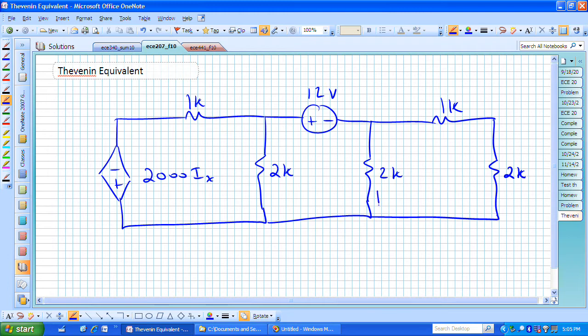And in order to make sense, I need to define what dependent variable we're using. We're using I sub x. I sub x, let's say, is the current flowing through the 2K ohm resistor.